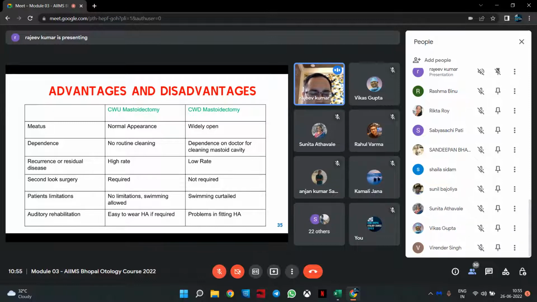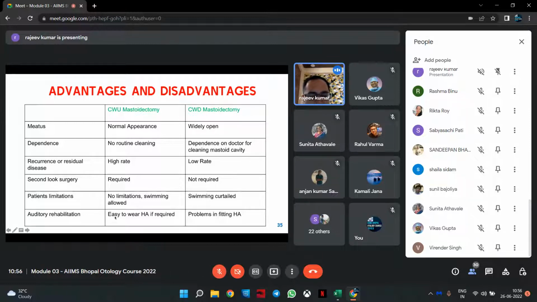So, limitations. In canal wall up, there is no limitation, there is no cavity, and swimming and water sports activities are allowed. But in canal wall down mastoidectomy, it is curtailed because of the mastoid bowl cavity.